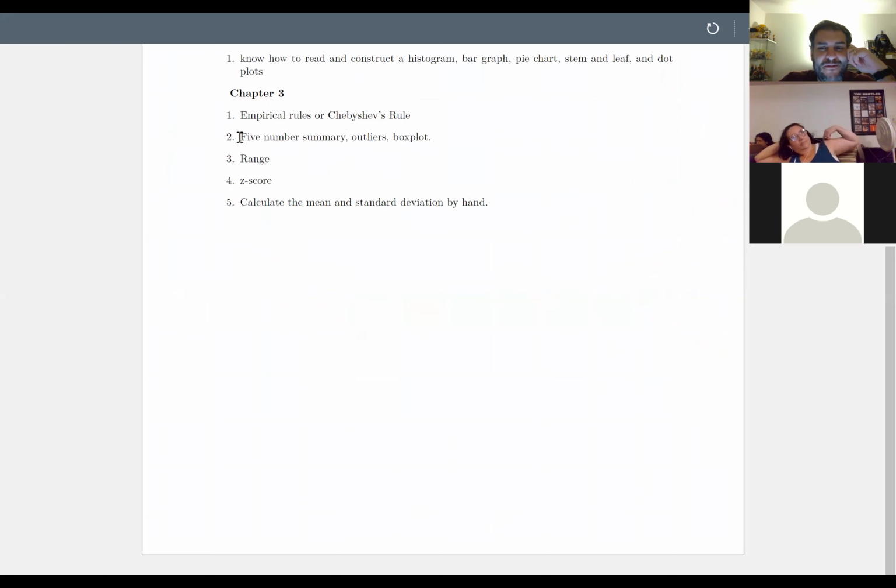Any question in regard to five number summary or outlier and box plot? All right, what question do we have? Sure. Let's do a five number summary.